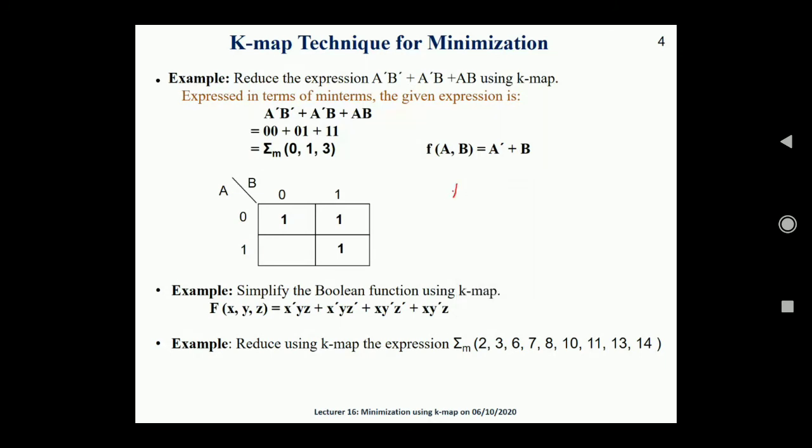Sir, A complement, B complement, C D complement, A complement, B complement, C D complement, A complement, C complement, right? B complement, A complement, B complement, C then D complement.